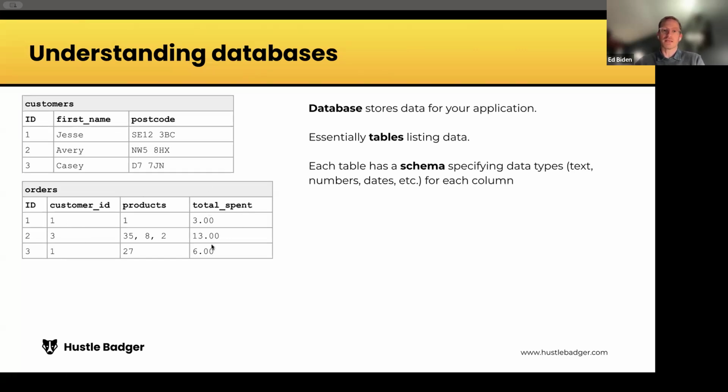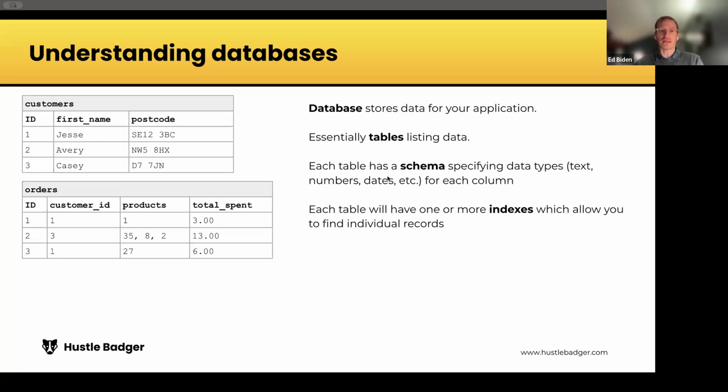Your total spent might have to be a floating point number. So there can be different types of data stored in each of these. That allows you to make sure you're getting the right inputs into the database, so you can then process that data in known ways, and it helps the application run.